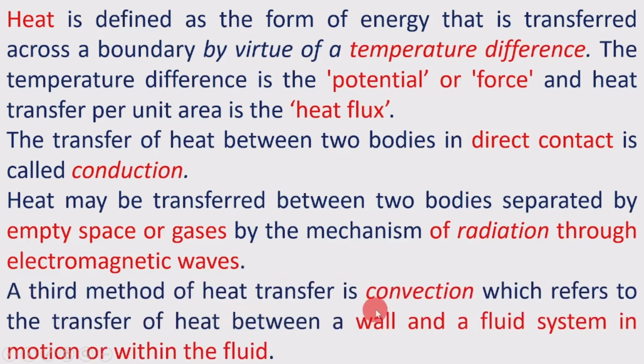The third method of heat transfer is convection, which refers to the transfer of heat between a wall and a fluid system in motion, or within the fluid. From the wall to the surrounding air, the heat is transferring by the convection mode, by molecular motion. And within the fluid also, from one location to another location, heat is transferring by convection heat transfer.